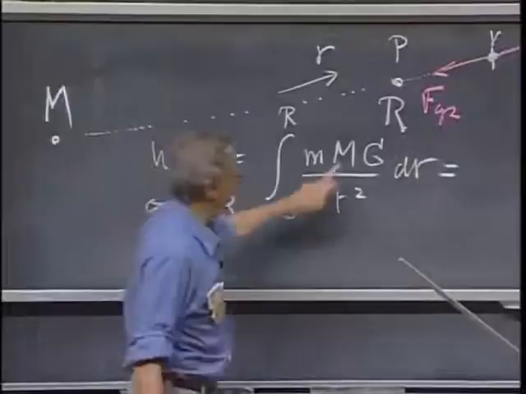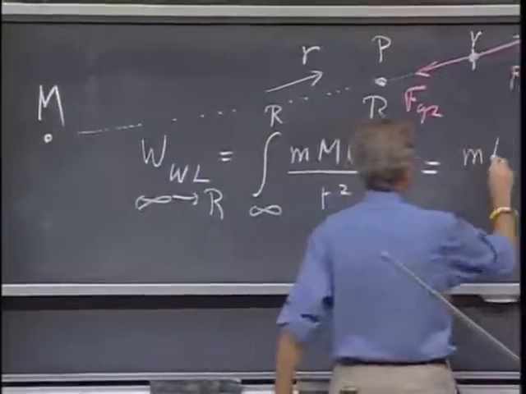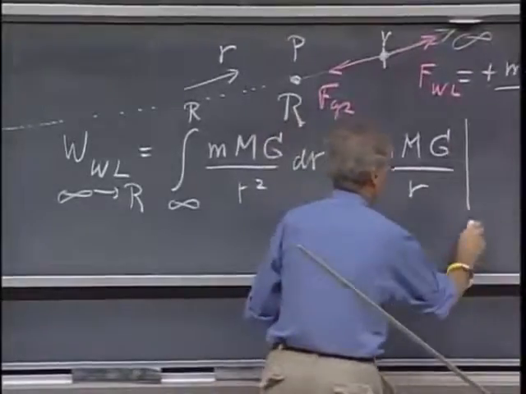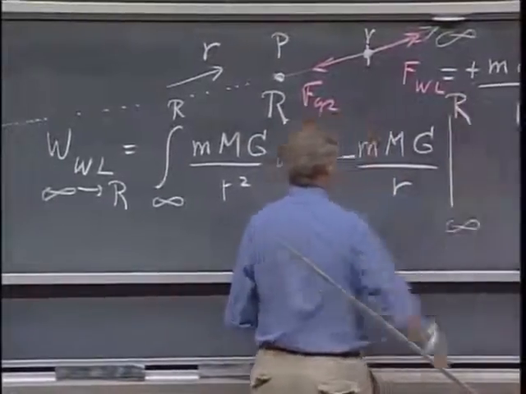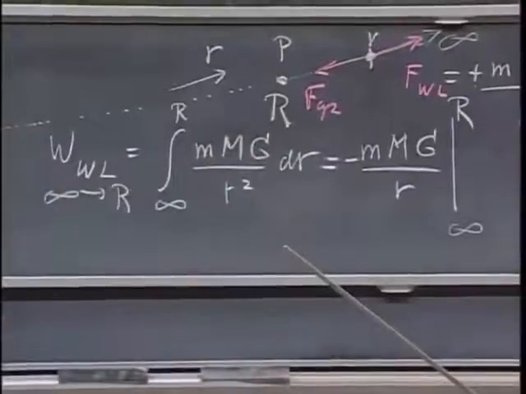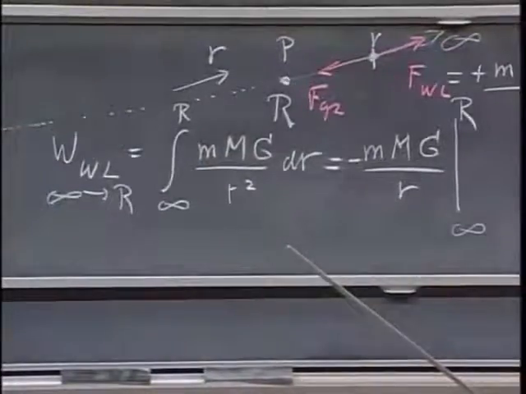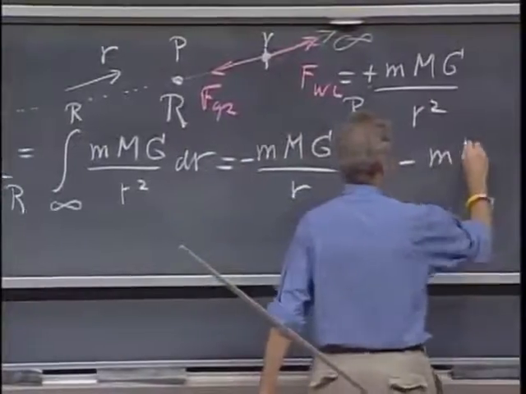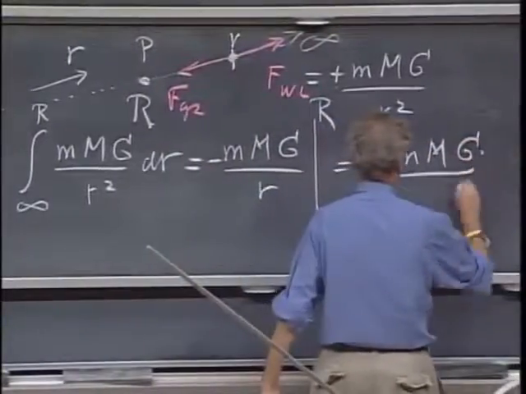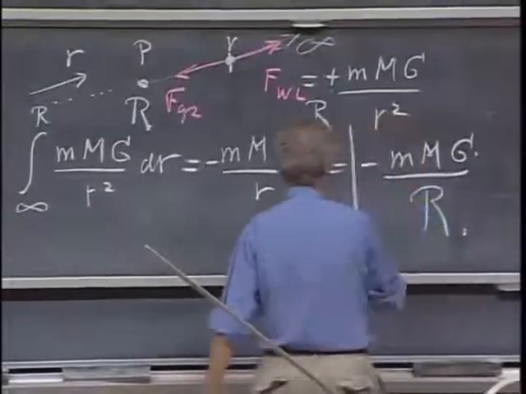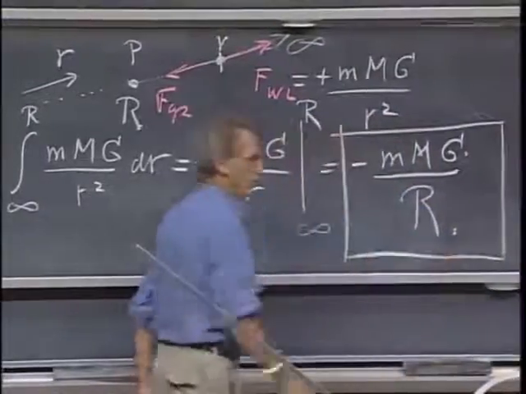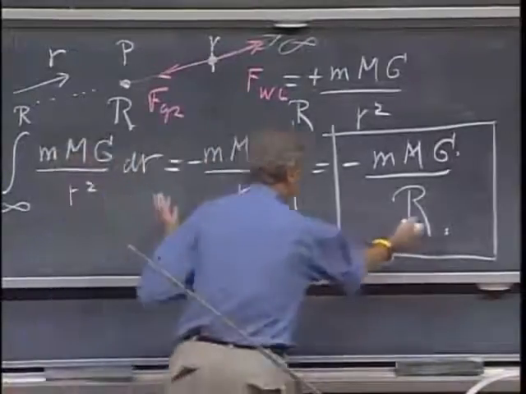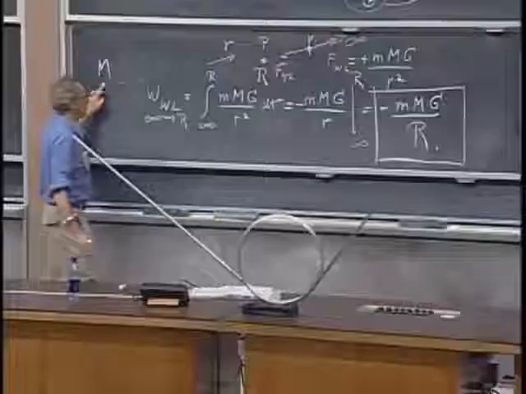This is minus 1 over R, so I get mMg over R with a minus sign, and that has to be evaluated between infinity and capital R. When I substitute for R infinity, I get a 0, and so the answer is minus mMg over capital R. And this is the gravitational potential energy at any distance, capital R, that you please, away from this object.